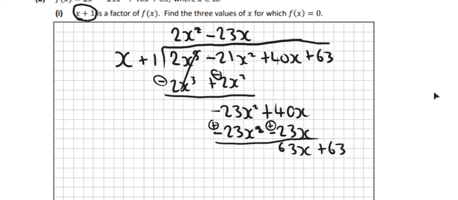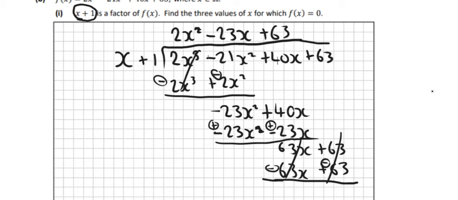and I'm going to divide x in again, so then I get plus 63. 63 times x is 63x, and hopefully we get the same thing here, yeah, so plus 63. So just take them away from each other then, and they cancel out.